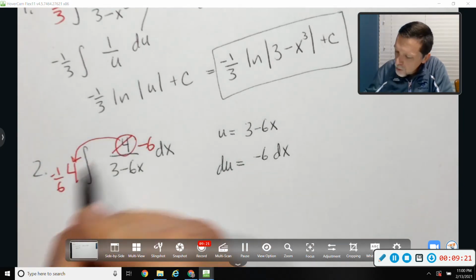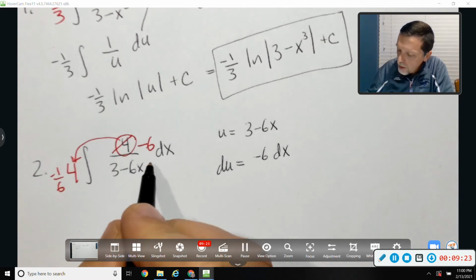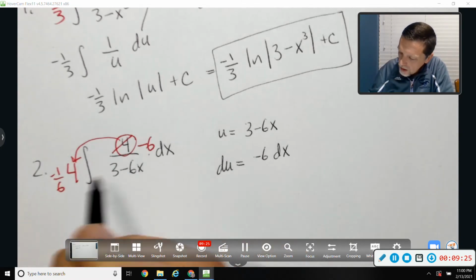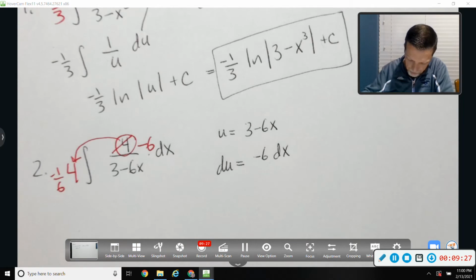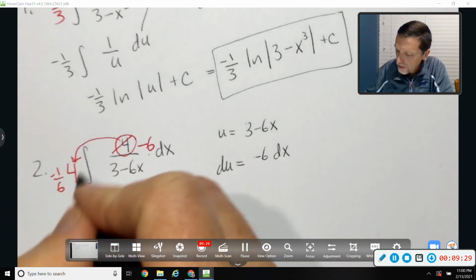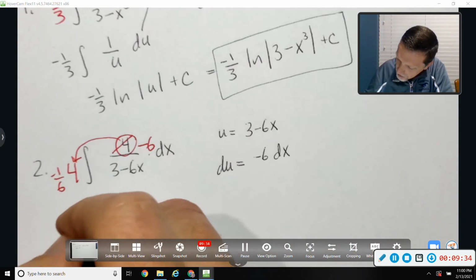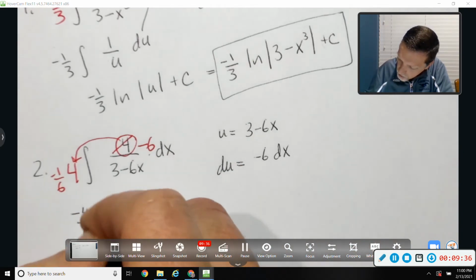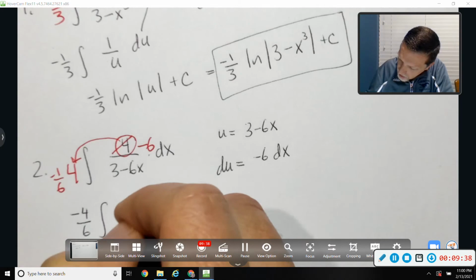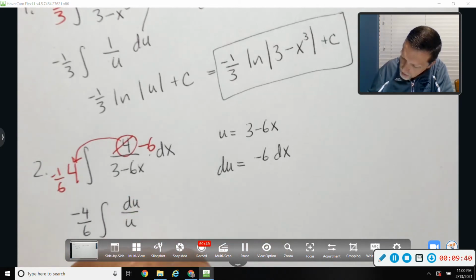So I just move the 4 because it's kind of in the way, put in a negative 6 to make it work, and then a negative 1/6 out front. You can reduce these. You don't have to reduce these. So negative 4/6 du over u.